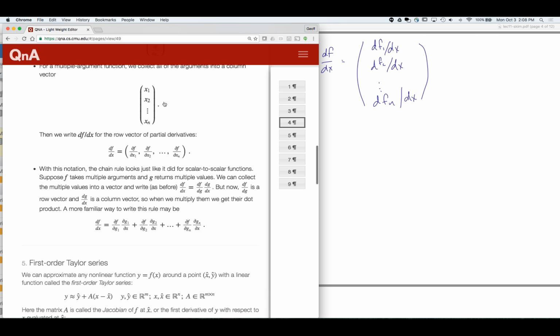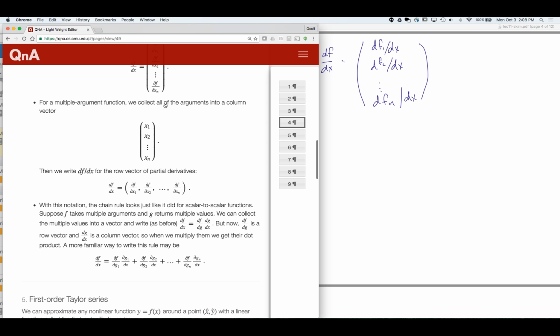The reason we do this, where one is a column vector and the other is a row vector, is so that the chain rule looks the same as it did for scalar to scalar functions. df/dx is df/dg times dg/dx, but now each one of those is a vector, and when we multiply them, we're doing the dot product between two vectors. So another way to write it is that the total derivative is the sum of products of component-wise partial derivatives.